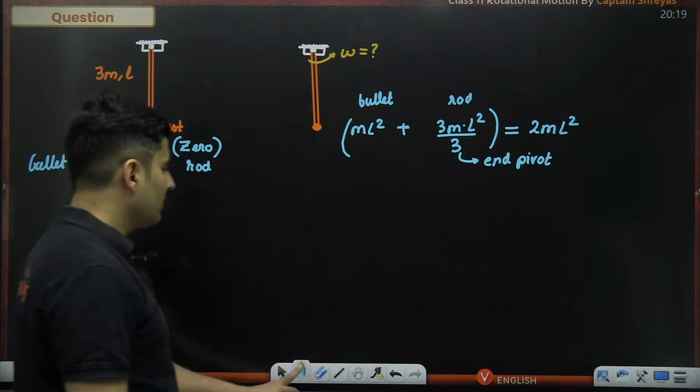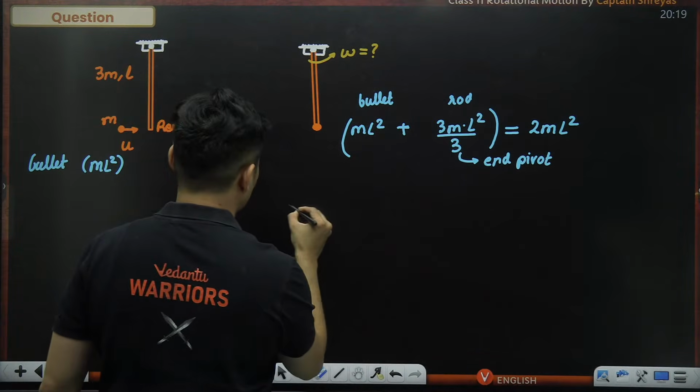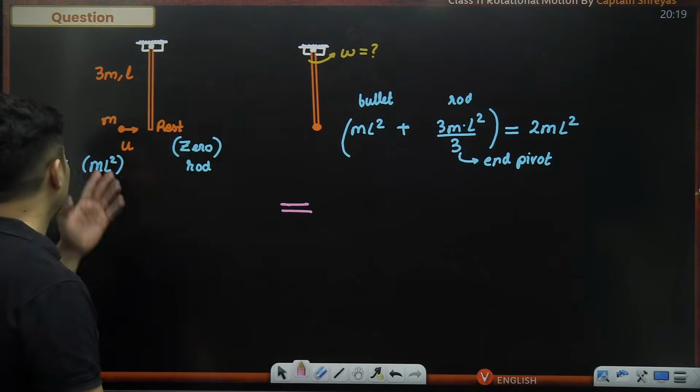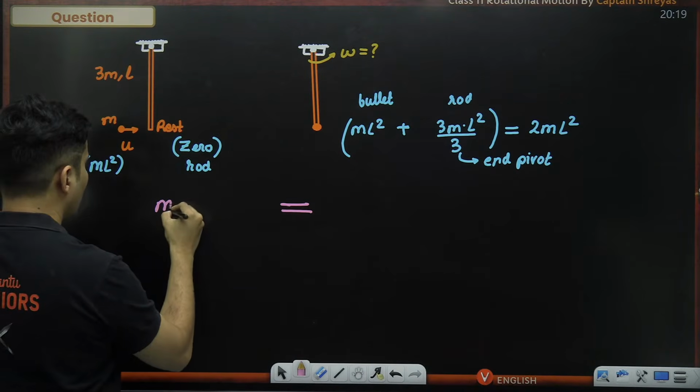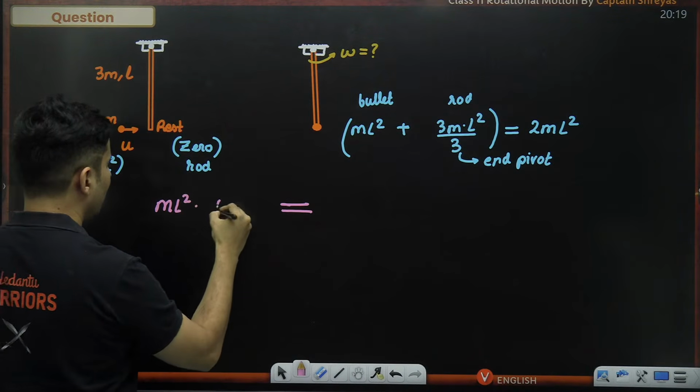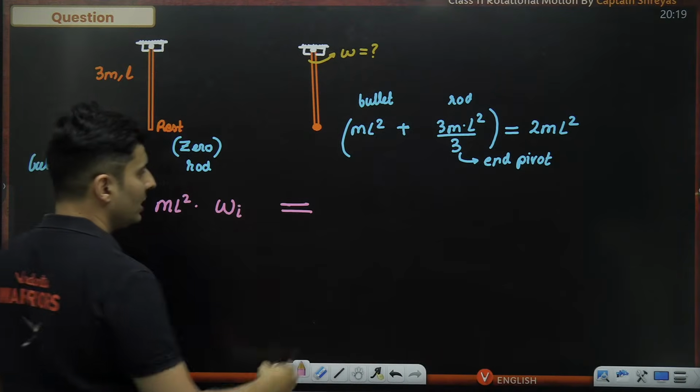So now it is straightforward. Conserving angular momentum, initial angular momentum is mL square multiplied by omega initial.